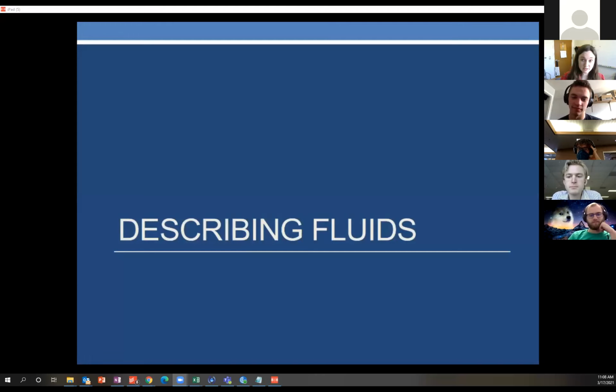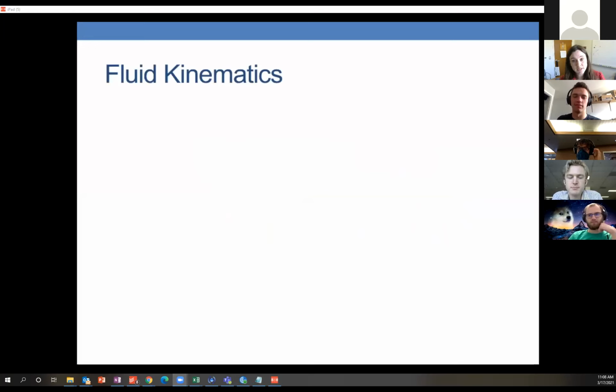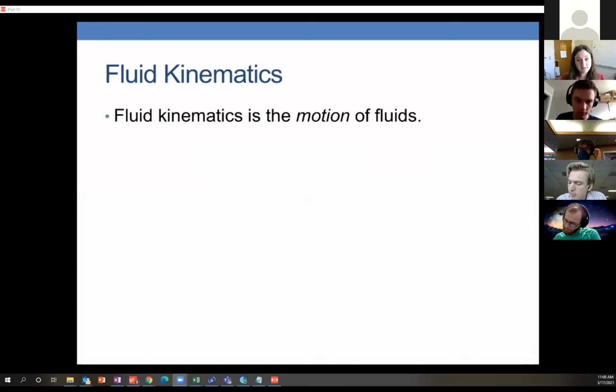There are many ways of describing fluids. Today, we're going to talk about some ways of describing fluid kinematics. So fluid kinematics is the motion of fluids. That's all. We're just talking about motion now. Forces and energy aren't coming into this. And kina means motion, just like kinetic energy or kinesthetics.